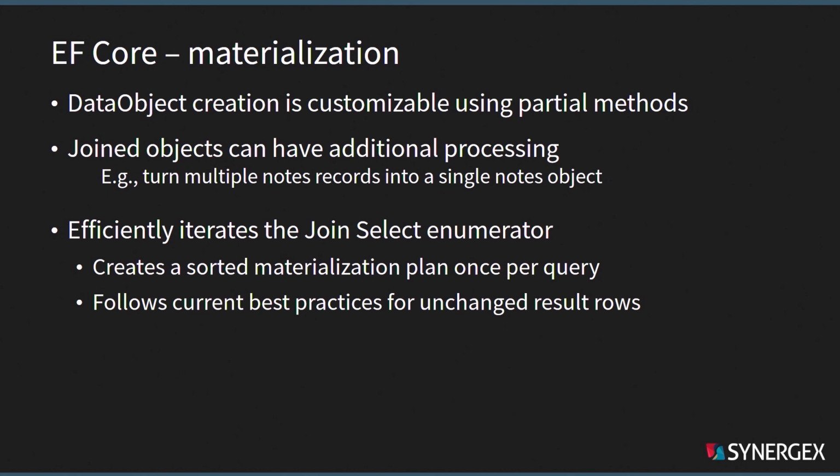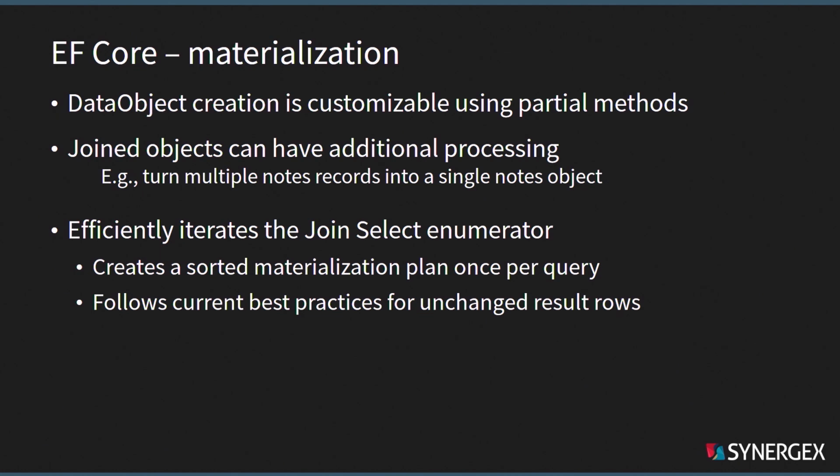So if the shape of your data object is non-standard for some reason, or you have custom logic that needs to get run for a particular data object, you can put it in our various partial methods that we support for data object creation to do that processing essentially in line with the rest of the stuff that we're doing.